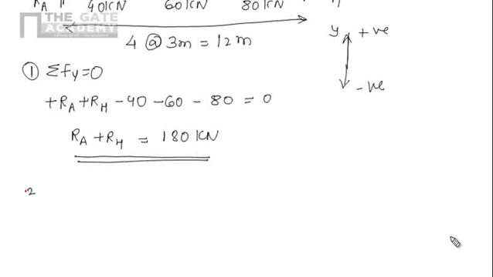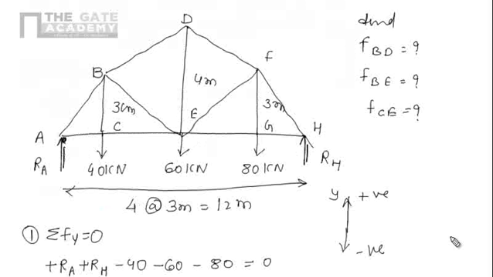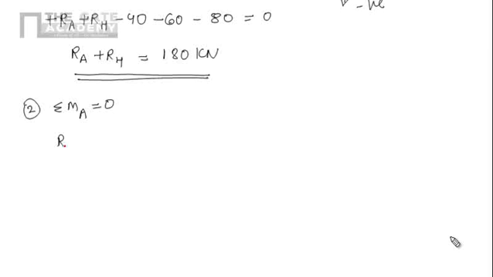Now we can take equation number 2, that is, the algebraic summation of moments of all the forces about any point should be 0. So I am considering the point A here. On A there is a reaction RA. RA is passing through the point A, so the perpendicular distance is 0, so the moment will be 0. So I can write RA into 0.